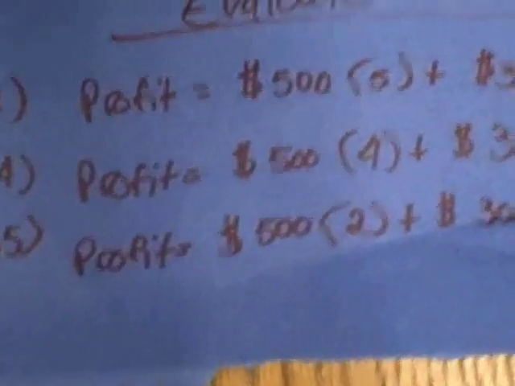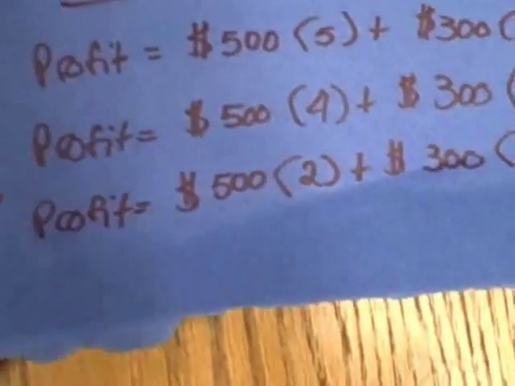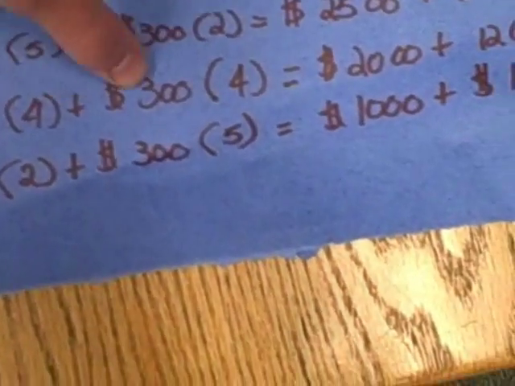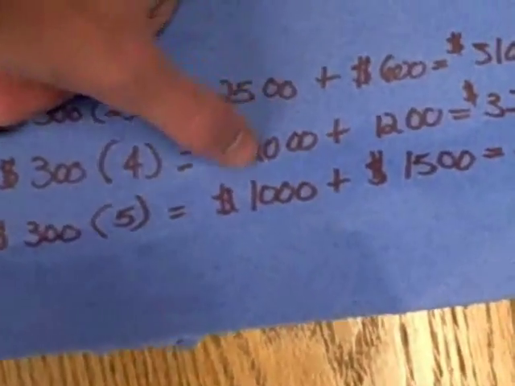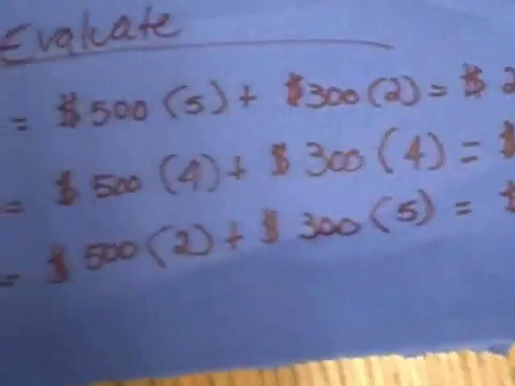Okay, so that's A. The profit for B, which is 4, comma 4, is $500 times 4 plus $300 times 4, equals $2,000 plus $1,200 equals $3,200.